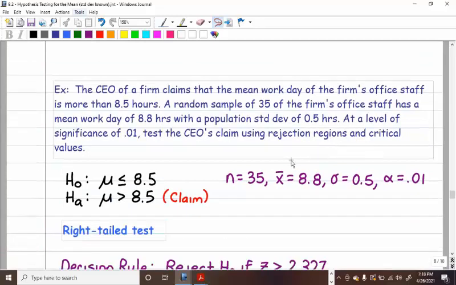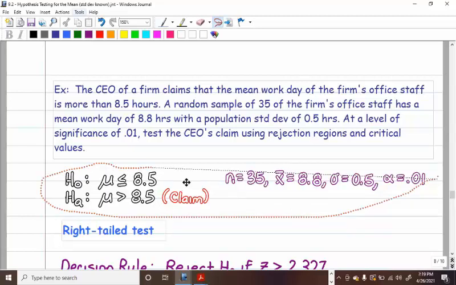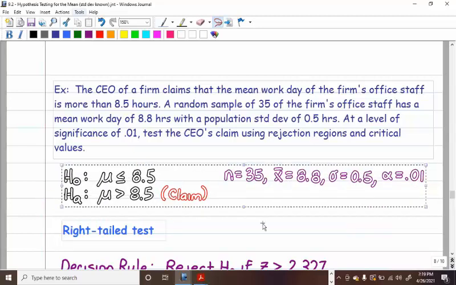But I'm intentionally doing this by this method. And one thing about these, and I mentioned this a little bit last week, even though we didn't know how to do this method yet, is that your decision to reject or fail to reject is the same no matter which method.